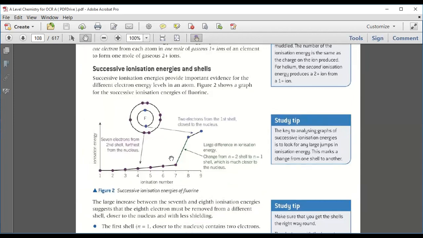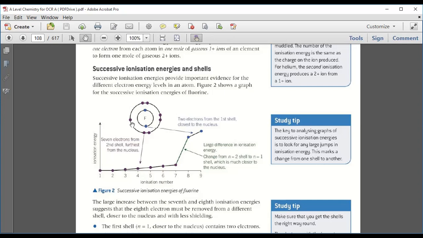Now, successive ionization energies provide important evidence for different electron energy levels in an atom. For example, this figure shows a graph of successive ionization energies of fluorine.